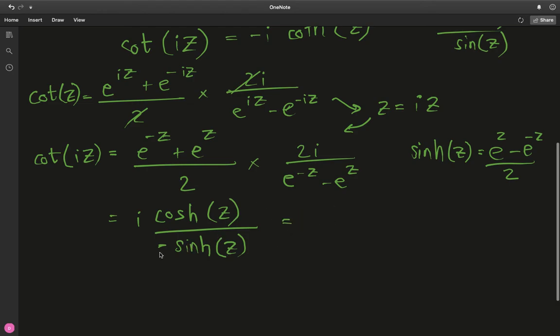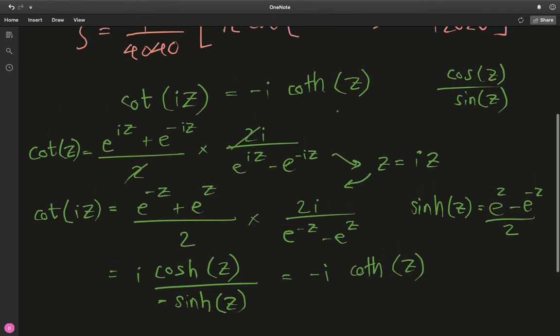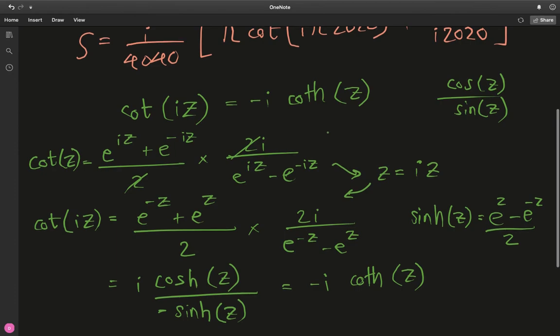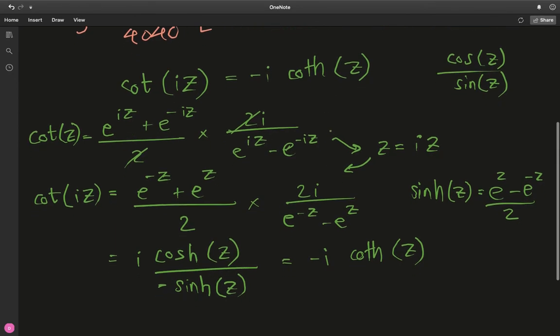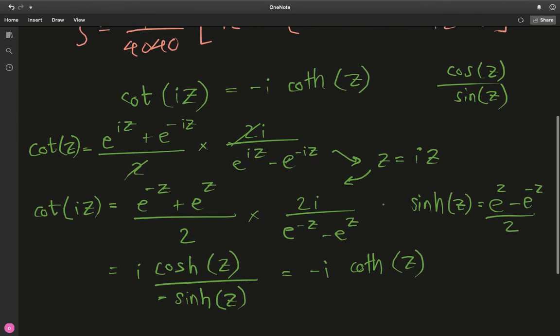We can take the negative up front: negative i times cosh over sinh is nothing but coth of z. Sounds like goth, but it's coth. That's where we get this formula from. I hope you're convinced. Nothing's just being randomly thrown at you, don't worry.